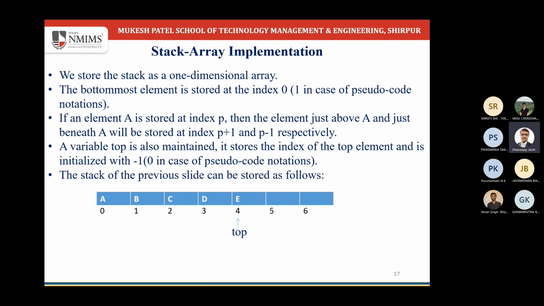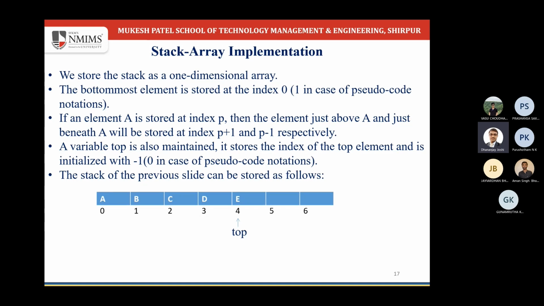Okay. So we can store the stack as a one-dimensional array, since a stack is a list with one property, so it will be stored similar to a list in a one-dimensional array. The bottommost element of the stack will be stored at index 0. The elements are supposed to be stored from bottom to top, not from top to bottom.